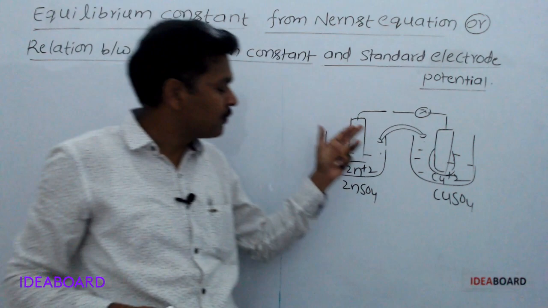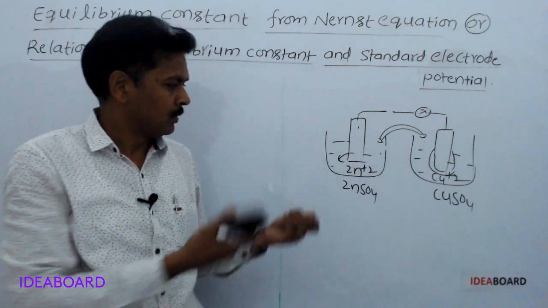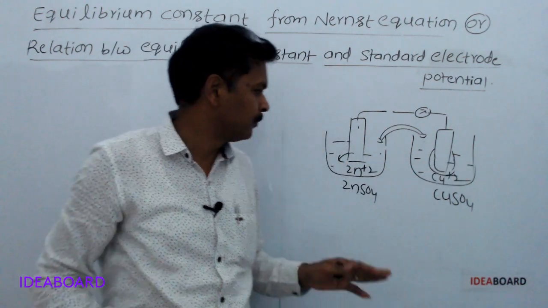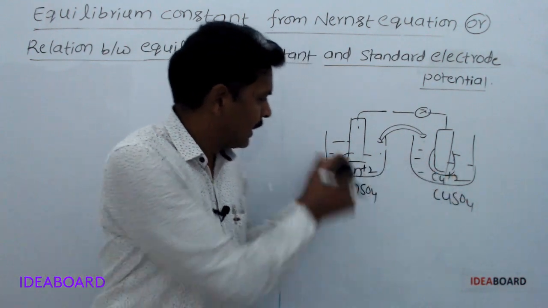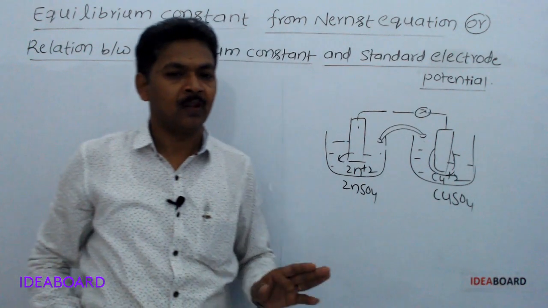Since electrode potential depends on concentration of electrolyte, therefore these electrode potentials of two half cells also keep on changing.